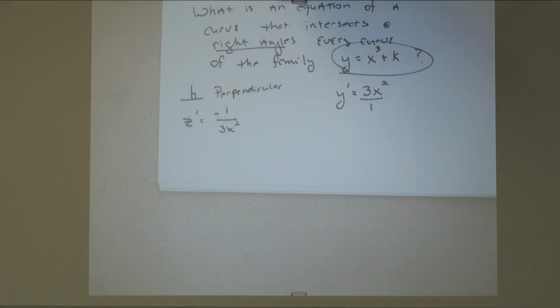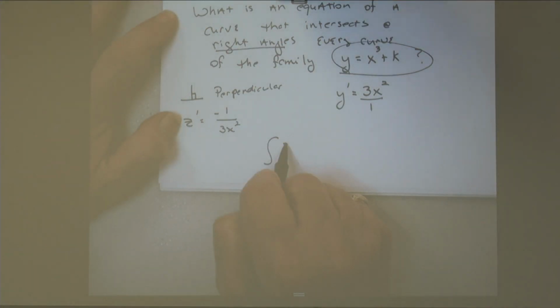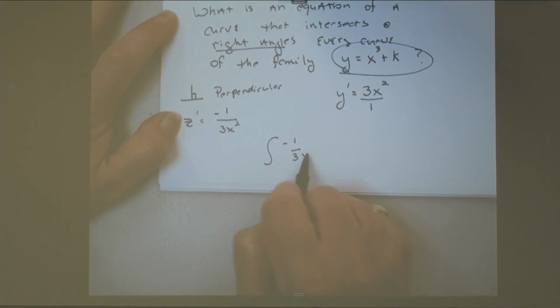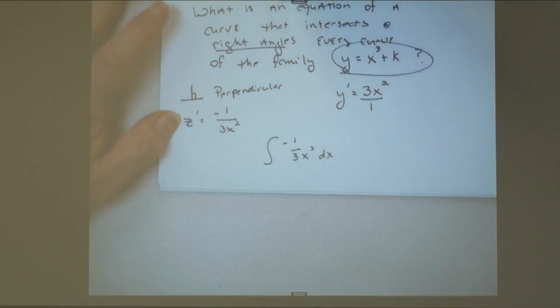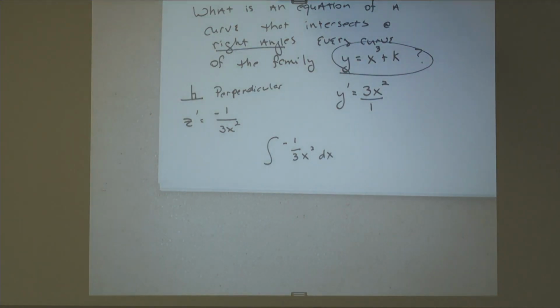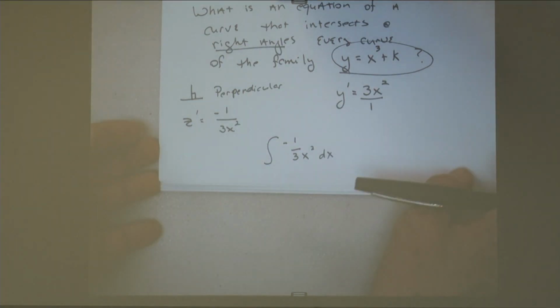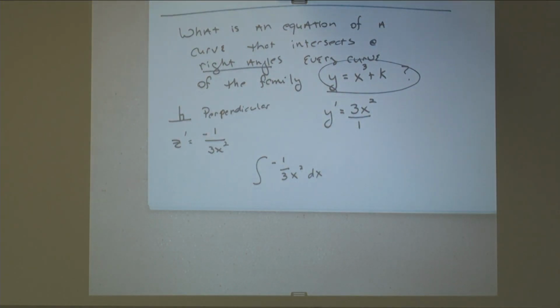Well, how do I find the family that that comes from? All I have to do is integrate it and work backwards to the family of functions. So this is kind of a tricky question. It looks very innocent, but it takes a lot. You have to know that if you're intersecting at right angles, you have a perpendicular slope to the curve that you have. You have to know to find the slope of the curve of the family you've been given, and then set it negative reciprocal.